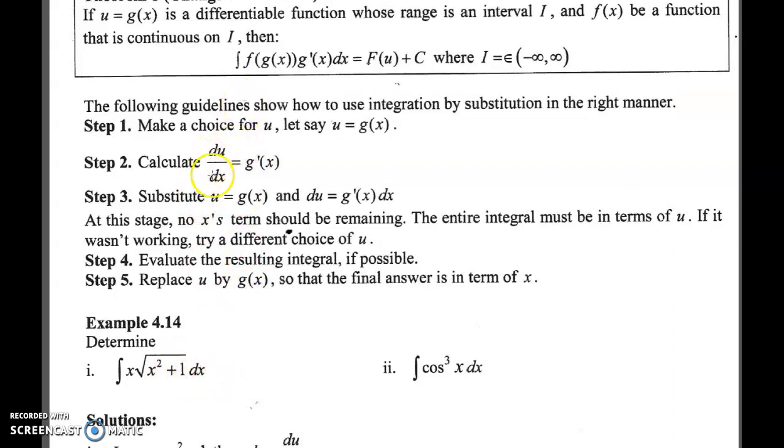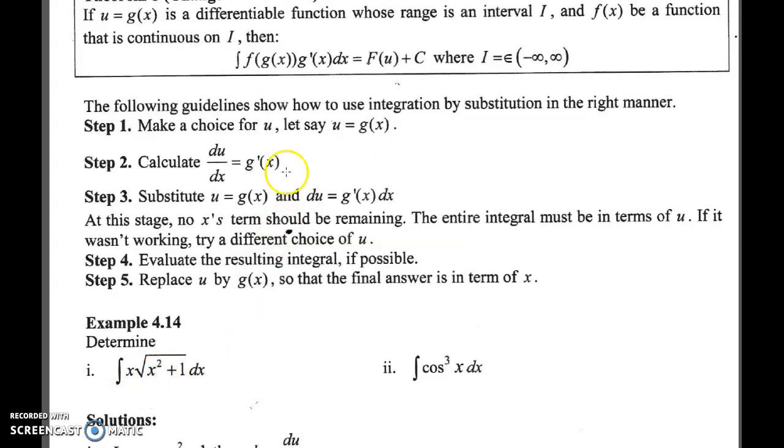We do so because we later will need to use the dx. So we differentiate du dx. In the third step, you substitute dx with the terms du. Basically, in step 3, no x term should be remaining.